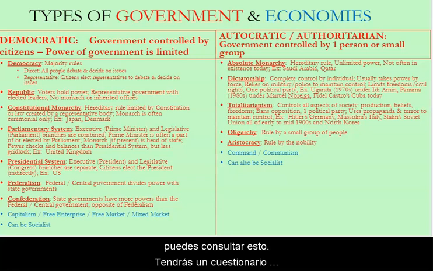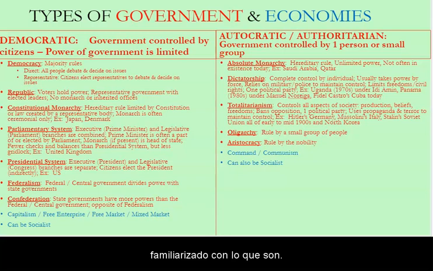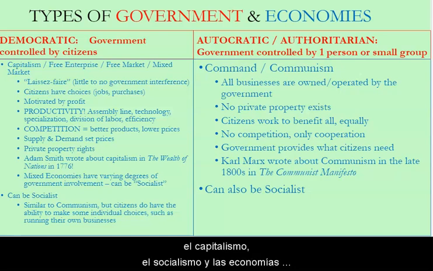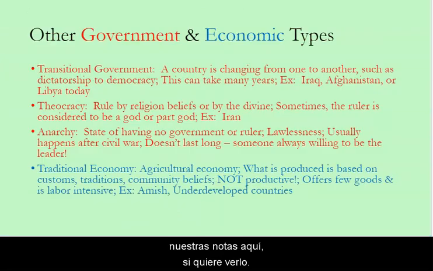I would like for you not to, because you're going to have a quiz on these types of government, and you have to be familiar with what these are. Now, I also have, just for later, notes that we're going to talk about when we talk about economies. I have more information about capitalism, socialism, and command or communism, but we don't need to talk about that now. But it is still part of our notes here if you want to look at that.